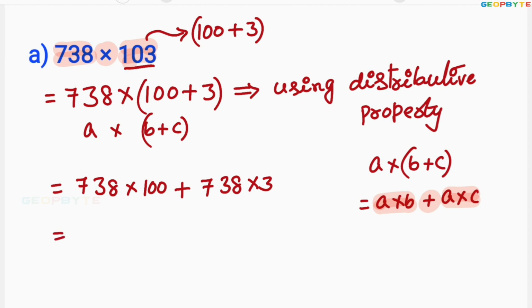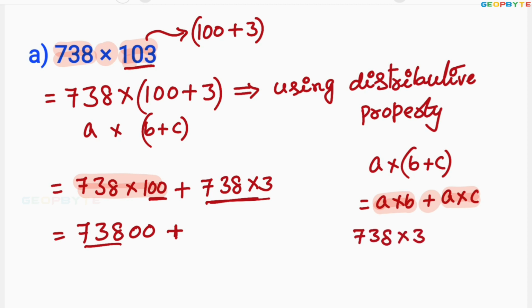As we know, 738 into 100 is very easy to write: after 738, write these two zeros, plus this value. Let me multiply 738 with 3. 3 multiplied by 8 is 24. Write 4 here, 2 balance.